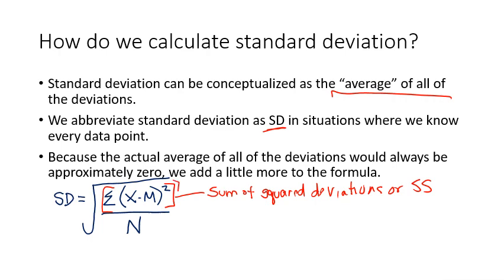When we divide it by n, we're going to call it the variance. And when we take the square root, that's when we get the standard deviation. And we're going to break this formula out in our subsequent slides.